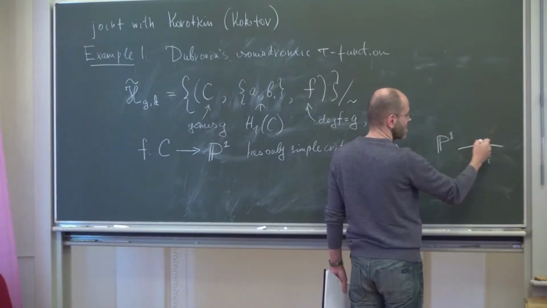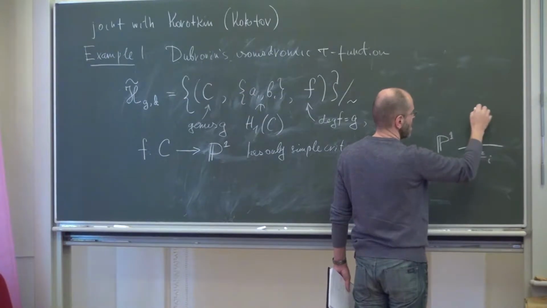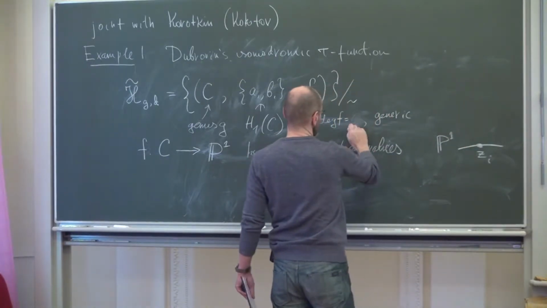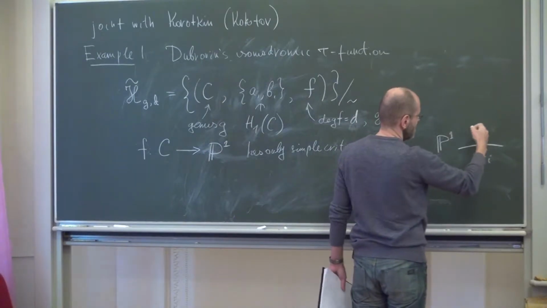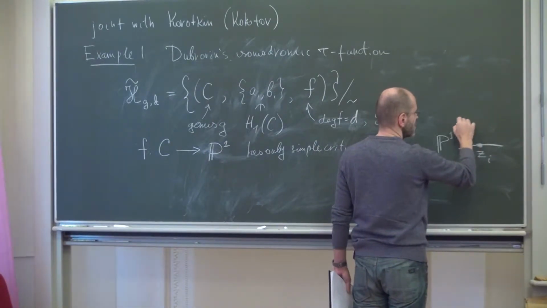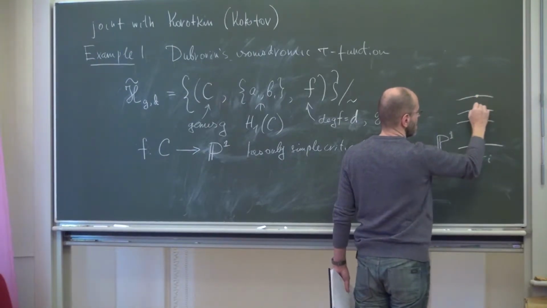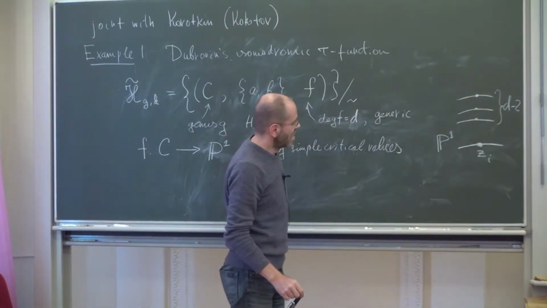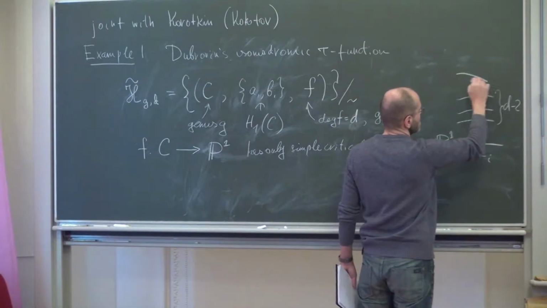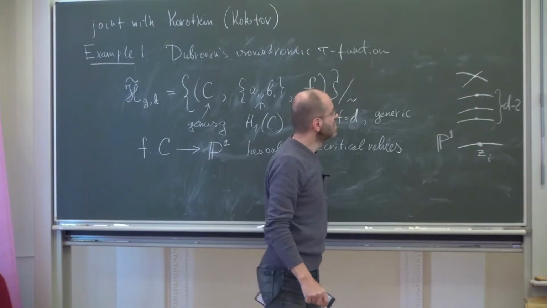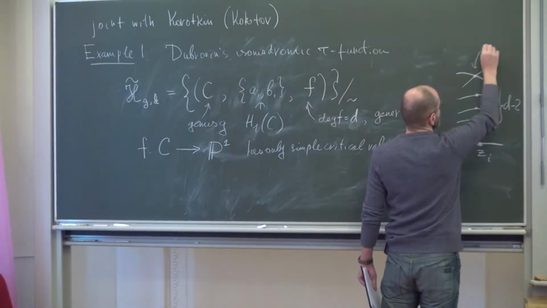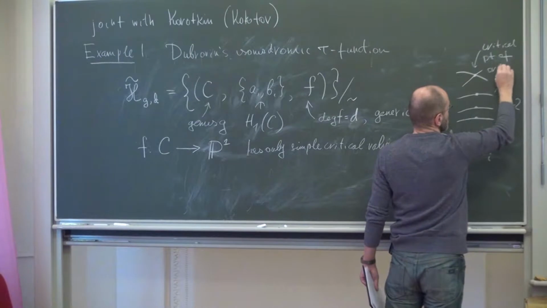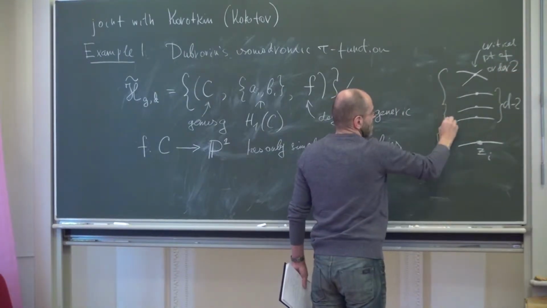And over this critical value, we have, that's degree d of course, d minus 1 pre-images. d minus 2 of them are regular points, and there is just one point of order 2, one critical point of order 2. So that's the curve C.